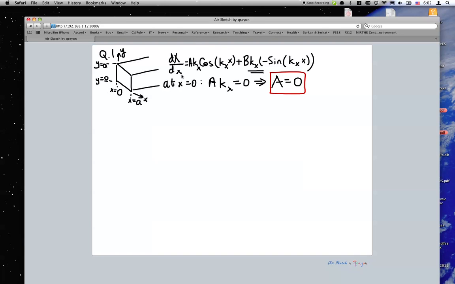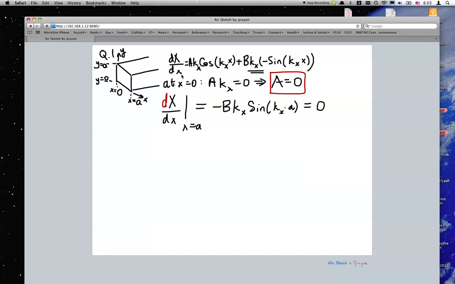So if we apply the same condition, the derivative of X with respect to x at x equals a, we're going to get dX over dx at x equals a equal to minus b kx sine kx times a, which is equal to 0.